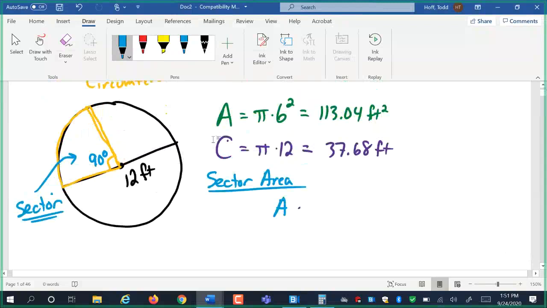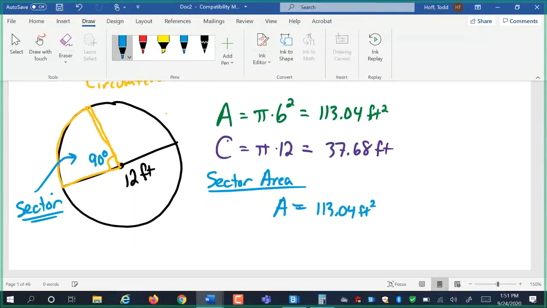So to find that area, we are looking at the area of the whole circle, which was 113.04 square feet. But instead of dividing by 4, we're going to multiply by 90 degrees over 360 degrees. Now you'll notice 90 over 360 is 1/4.